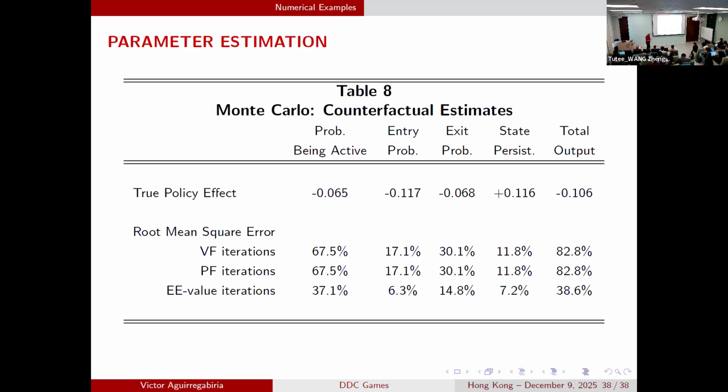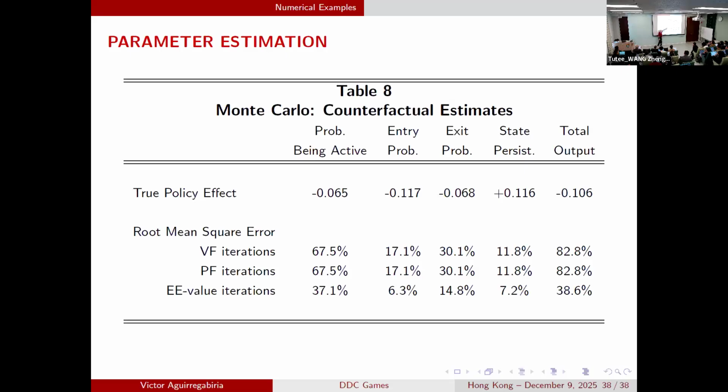Then these are the true policy effects if we solve our model with our true 1 million states. And these are basically the estimates that we will get, or these are the root mean square error, because this is a Monte Carlo experiment with multiple samples.